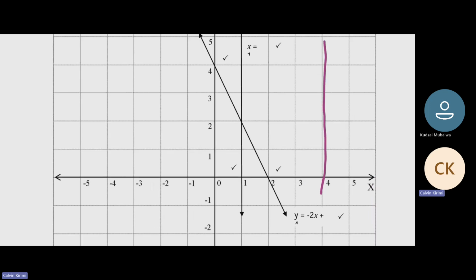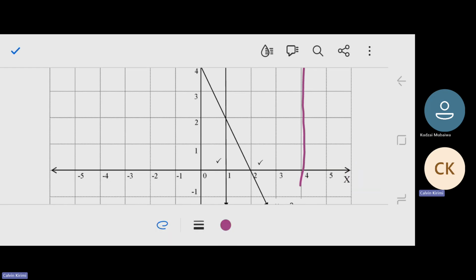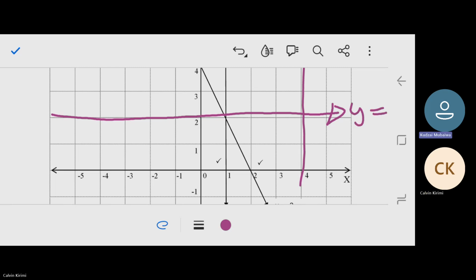If they say y equals to 2, then you label it that this is my y equals to 2, like that. Then you label the arrow and indicate this is y is equals to 2. If they say x negative 3, it's going down like this. Negative 3. Don't forget that.